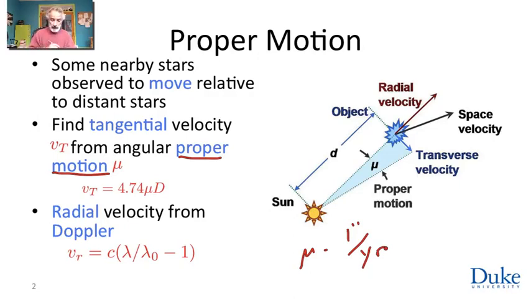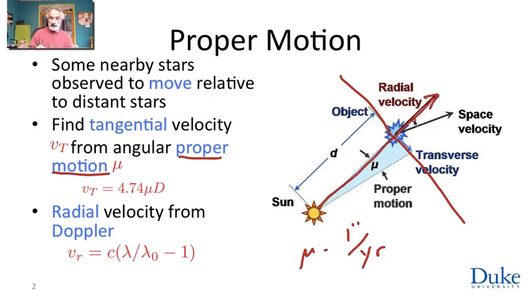And when we're looking at an object, notice that an object can be in motion and have zero proper motion if it's moving right at us or away from us. And so when looking at an object, we define a plane called the transverse plane. The transverse plane in this image is this direction and the direction perpendicular to it coming out of the page towards us, and a radial direction, so there's a plane here, and then there's a radial direction, which is the direction along the line from us to the star.